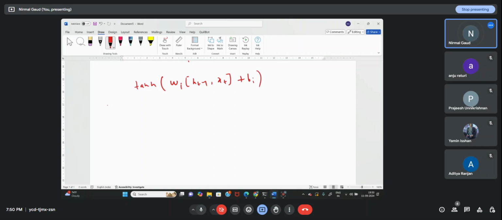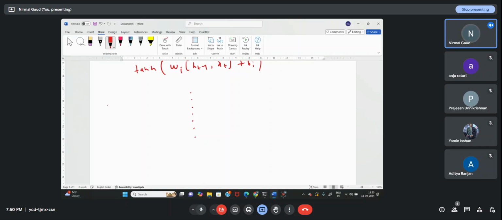So it can be drawn in this way: 1, 2, 3, 4, 5, 6, 7. Again, 3 for ht minus 1, 4 for xt, total 7. So I have taken 7 here.